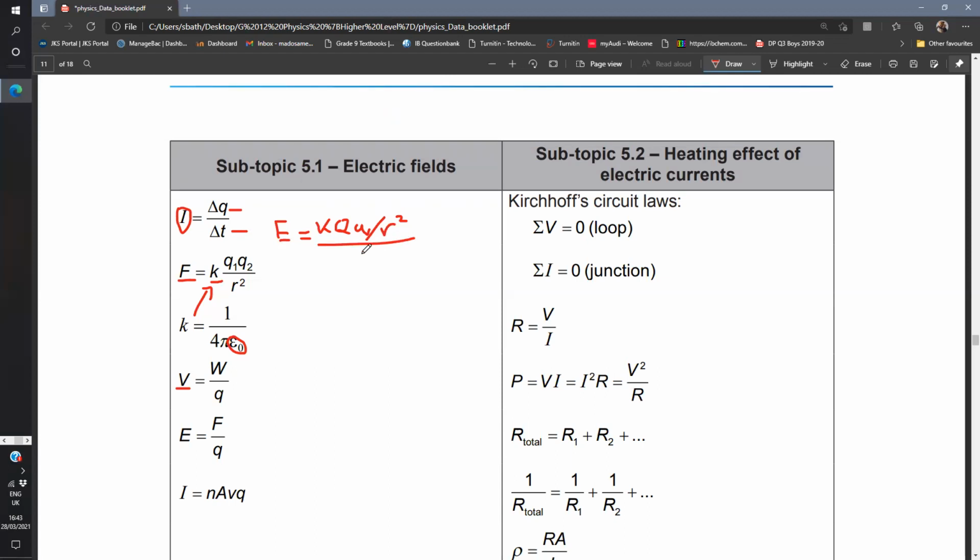And all of that will be over q. So q cancels, E equals KQ over R squared. And that's basically a useful formula for E that you might need.